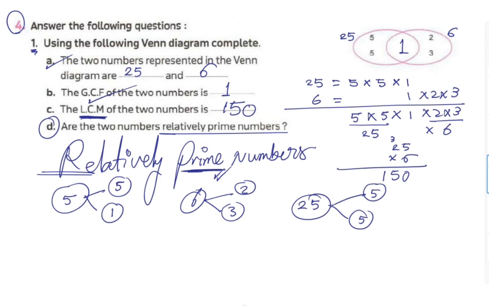That means any number that has just 2 prime factors, I can call it a relatively prime number. If you factor a number and find out that it has just 2 prime factors, I can call it a relatively prime number. Now we finish this part.